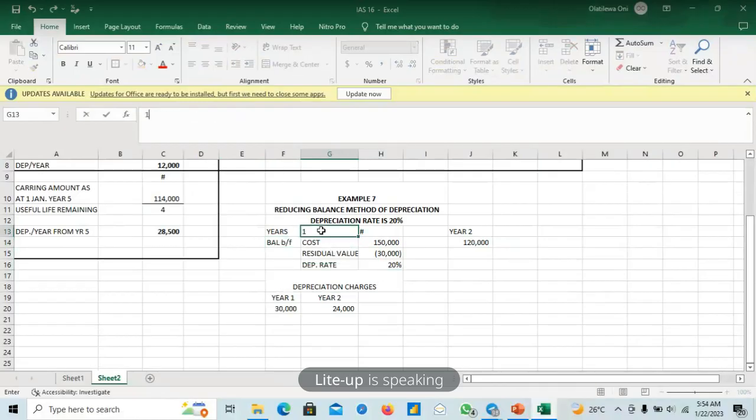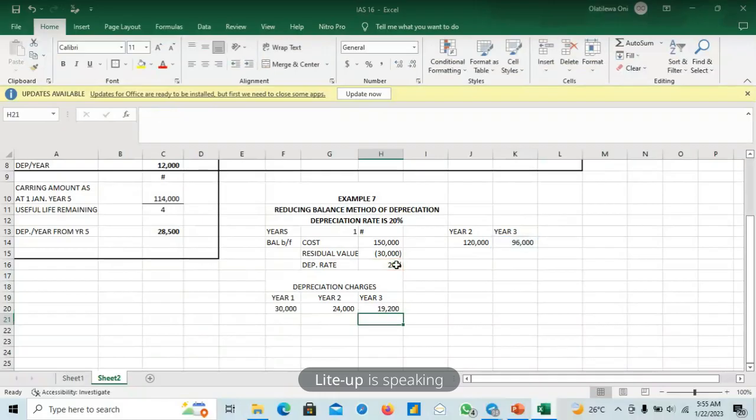This one is our year one, this year two, and for year three, the opening balance is this 120 minus depreciation for year two. That's the opening balance. So depreciation charges for year three will now be this 96, which is the opening balance, times the depreciation rate. That's how it is computed.